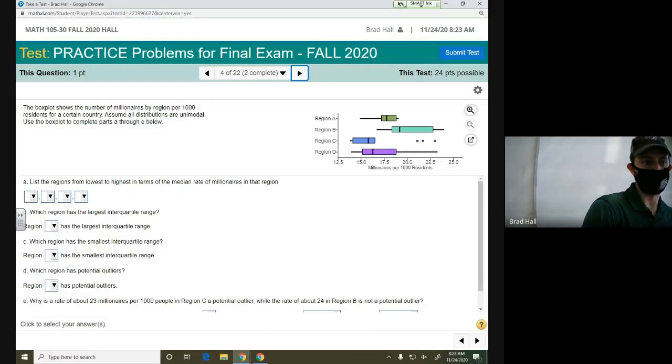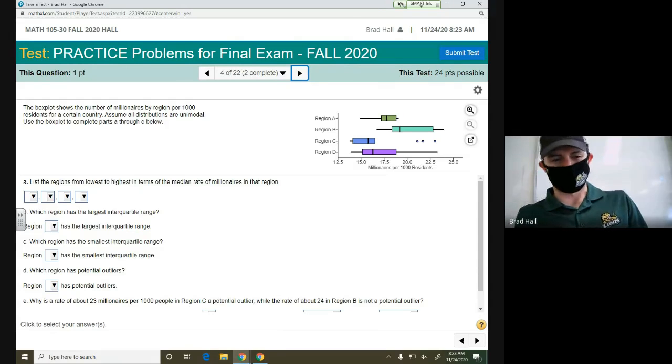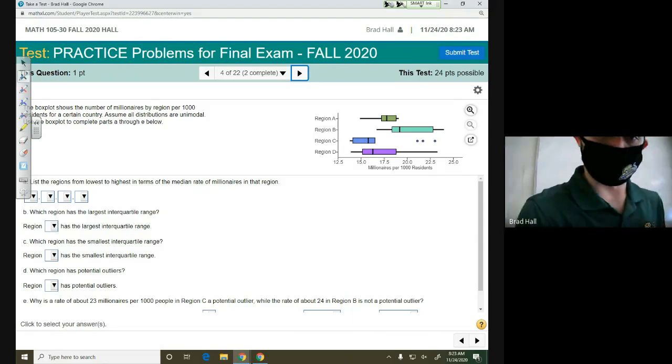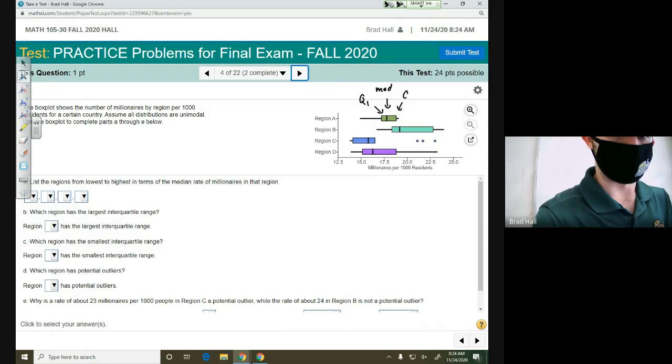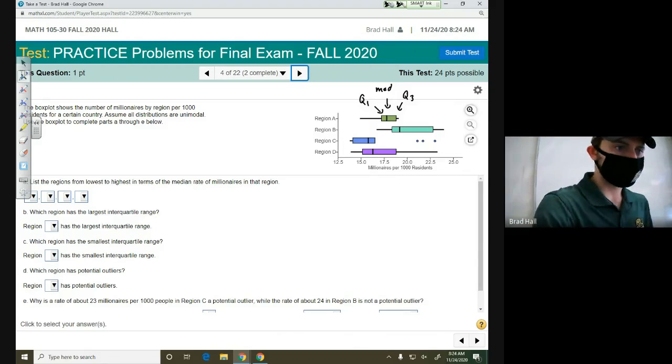All right, so we have a box plot. We talked about box plots, not in too much detail, but we did talk about them in the notes. So remember, it's the median, Q1, the first quartile, and then the third quartile, and the minimum and maximum.